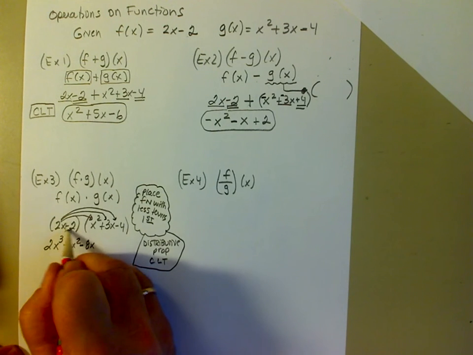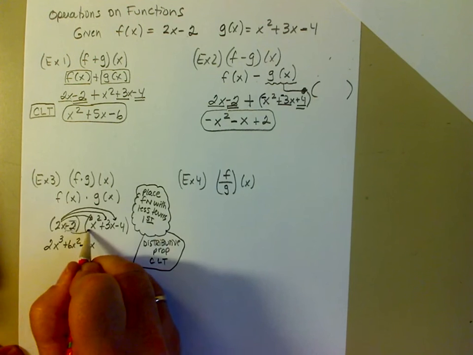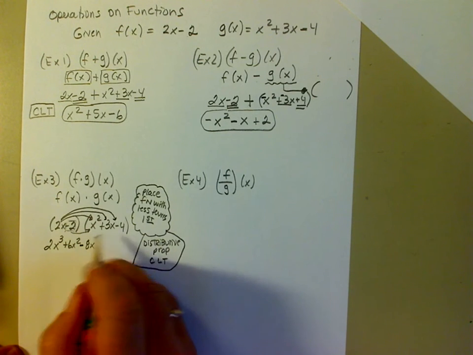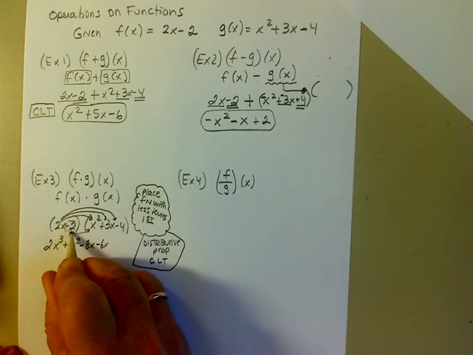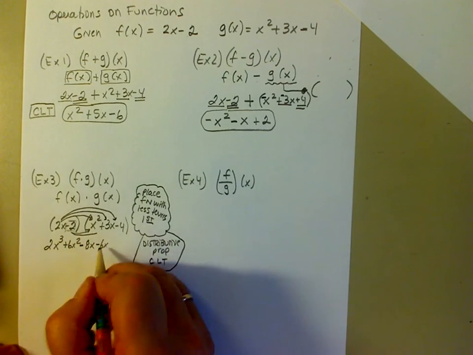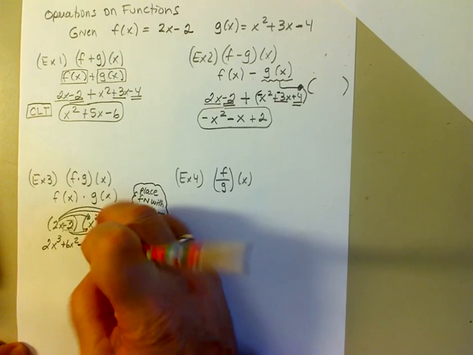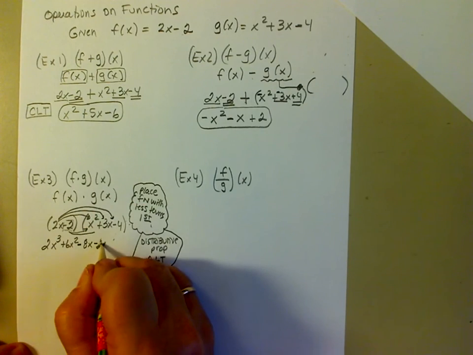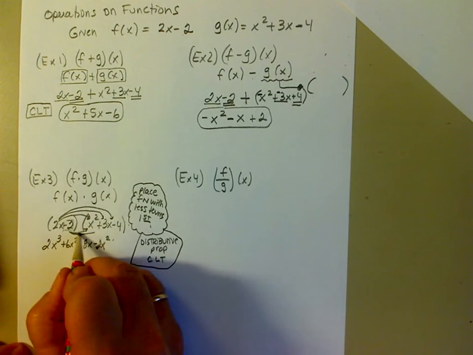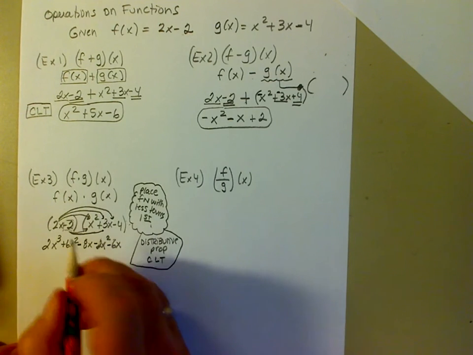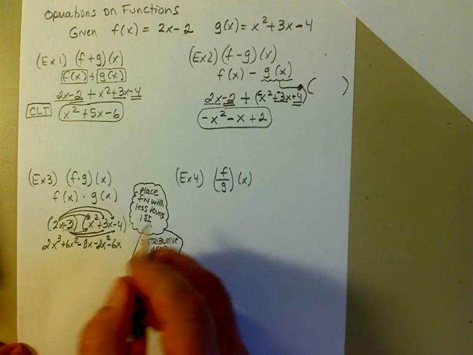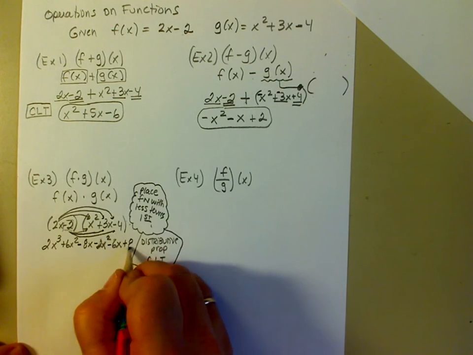Now we'll take the negative 2 and distribute the negative 2 to each term in the second parentheses. Negative 2 times x squared is negative 2x squared, negative 2 times positive 3x is negative 6x, and then negative 2 times negative 4, which is a positive 8.